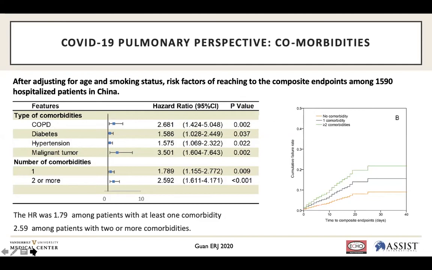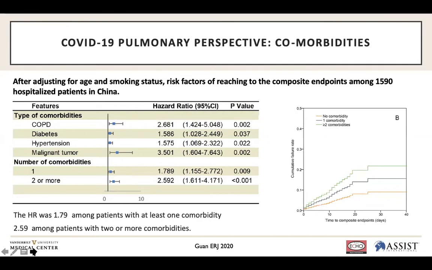The most prominent are the presence of chronic obstructive pulmonary disease, diabetes, hypertension, or a malignancy. If a patient is affected with one of these comorbidities, the hazard ratio climbs up to 1.789, but two or more has a definite additive effect to up to 2.5 or even greater.